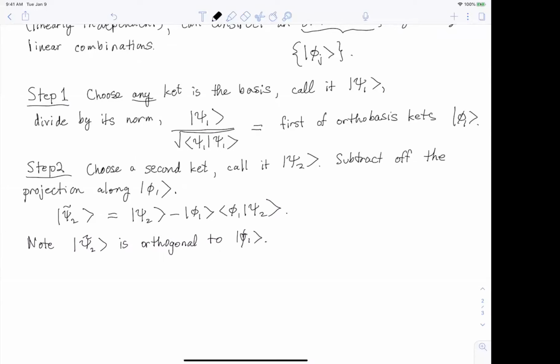Okay, and so the proof is if you just take the inner product of phi 1 with this up here, you'll find out that because phi 1 has norm 1, we just get phi 1 psi 2 from here, minus phi 1 from taking the inner product with that, which is 1, times phi 1 psi 2. So in the end, we're going to get 0. And so psi twiddle 2 is orthogonal to phi sub 1. So the only thing left to do is to divide by its length.